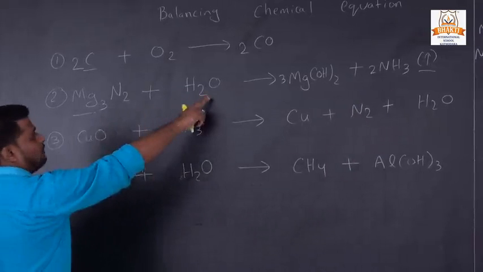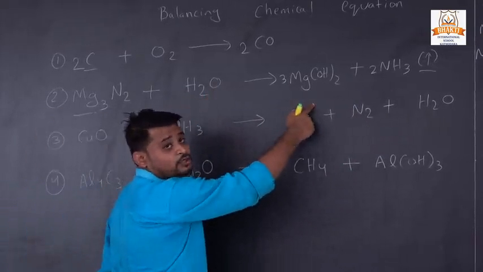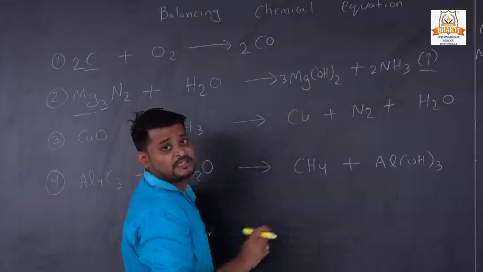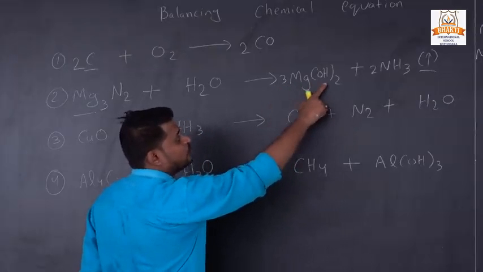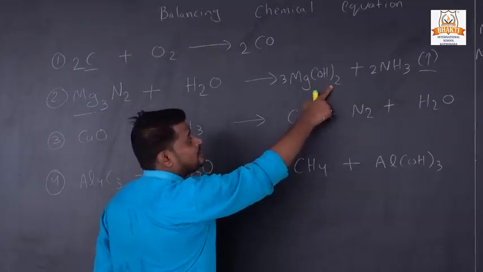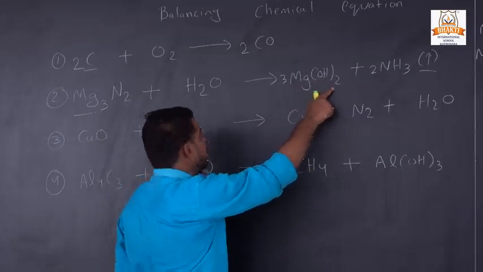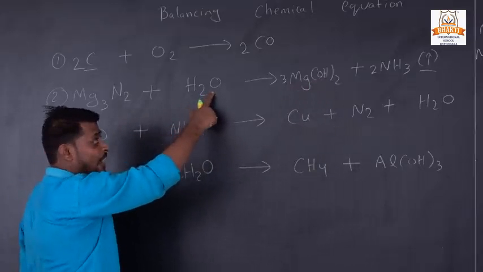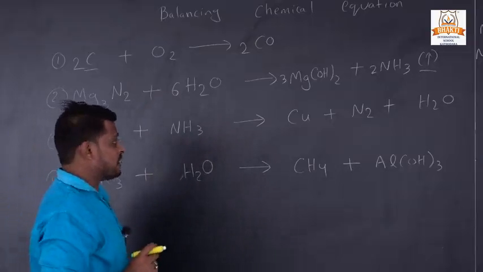Here in the reactant, oxygen is 2 in each nitrate, and 3 twos are 6, so the oxygen is 6, and here the oxygen is 1. It is unbalanced, so we multiply oxygen by 6.